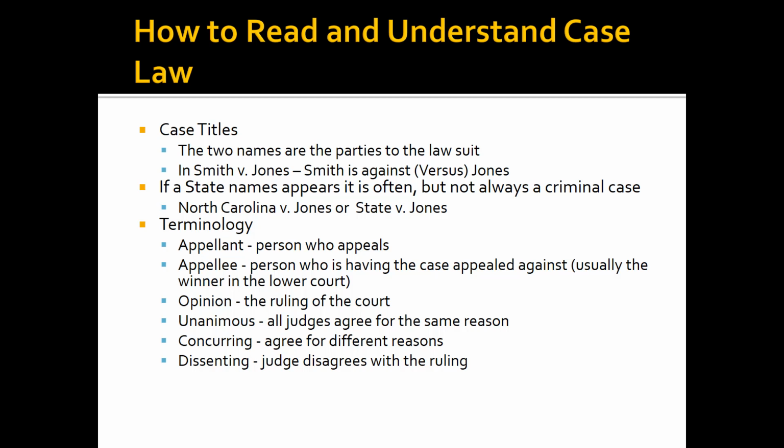If judges agree, but for different reasons, we call it a concurring opinion. If judges disagree, for example, that case about voting in Alabama I mentioned, three of the judges, Sotomayor, Kagan, Breyer, all disagreed with the court. So they wrote dissenting opinions. They said, we understand what the decision of the court is, this is why it's wrong.